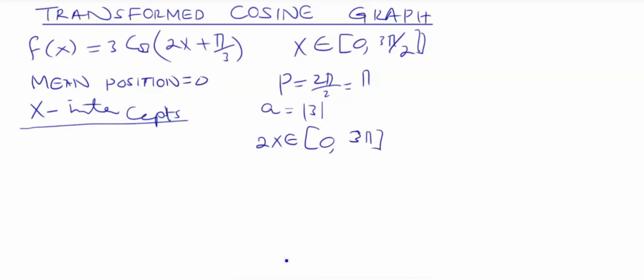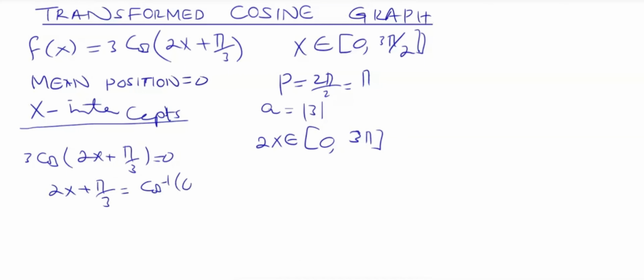So that is cos inverse 0. So that's going to be half pi and 3 pi on 2.